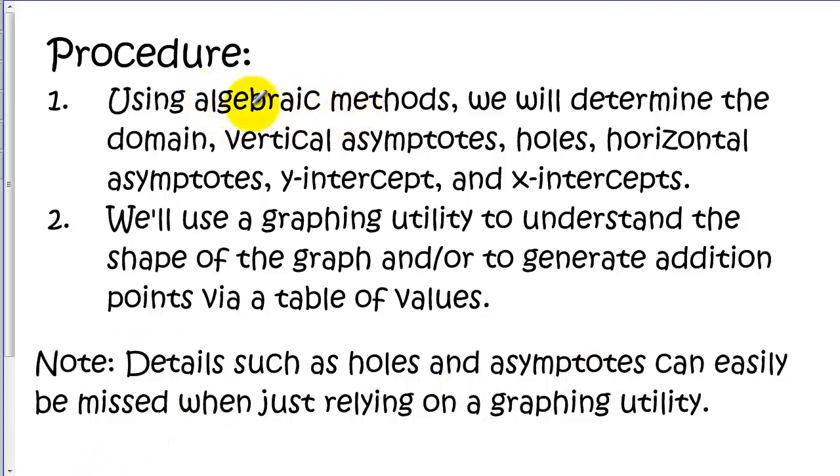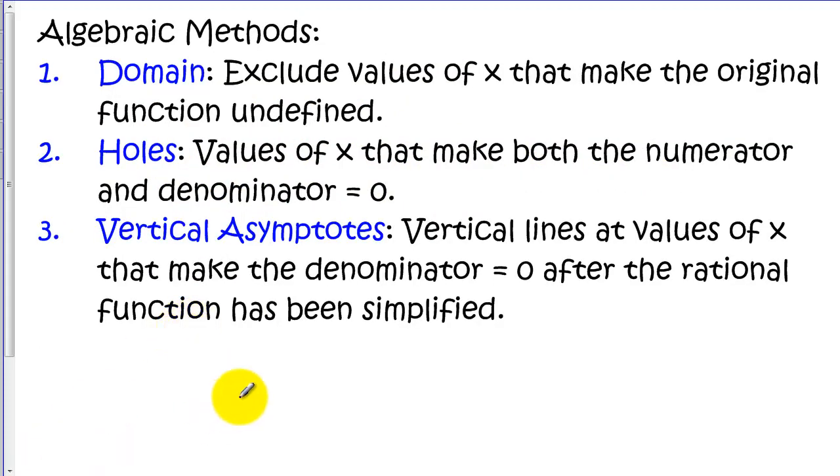So let's first talk about these algebraic methods and how we find these key attributes of a function. I'm going to go through each of them one at a time. If you remember, domain is a list of all the values of x for which a function is defined.